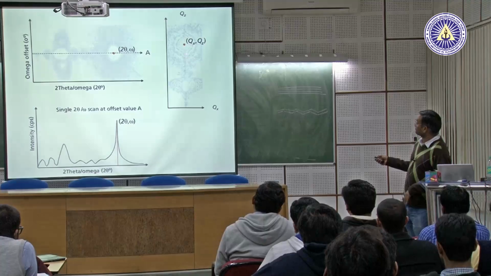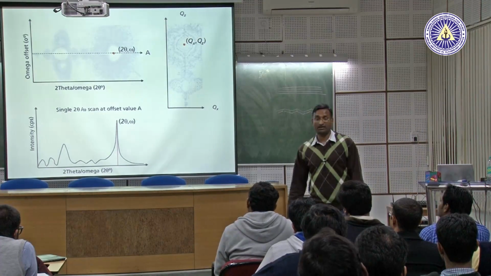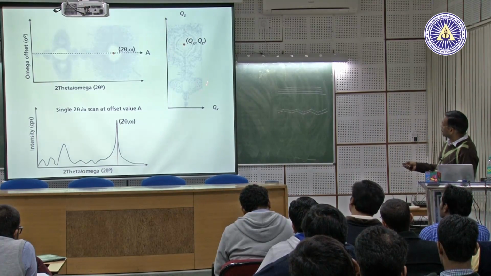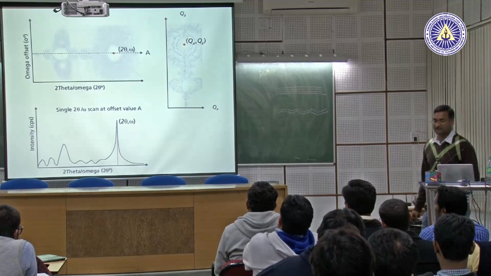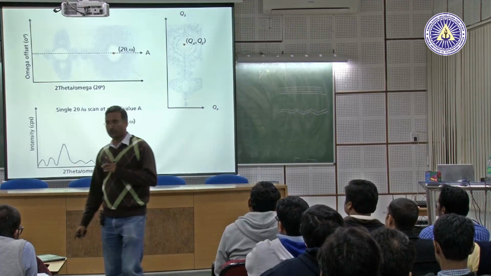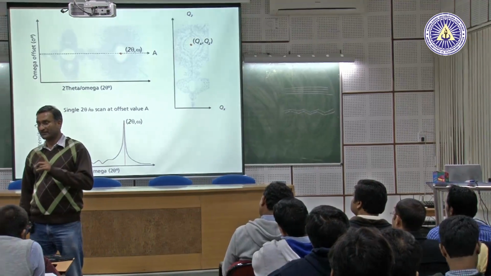the more strained it is. And the broader it is, you are expected to have poorer crystalline quality. Also, by looking at the relative position of these spots with respect to each other, remember this is a reciprocal space. Since it is a reciprocal space, each point is associated with a vector.